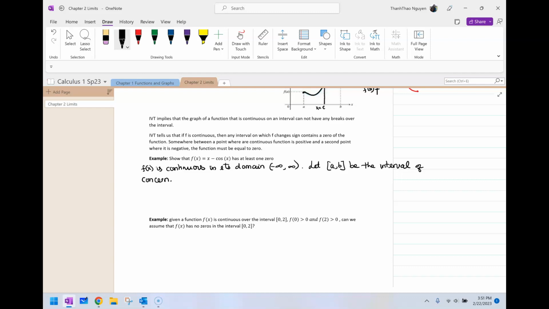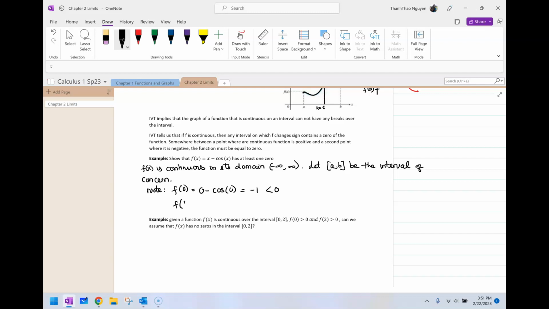So note that f of 0 is equal to 0 minus cosine of 0, that equals negative 1, and that is less than 0.